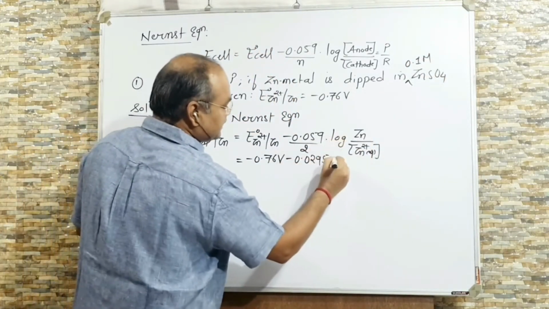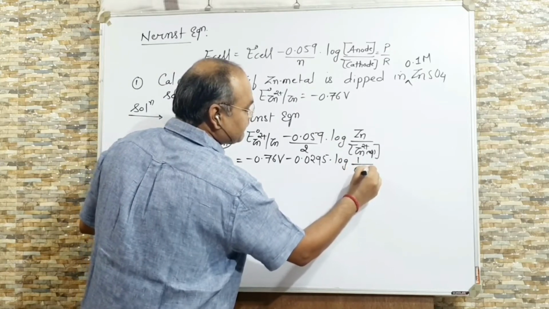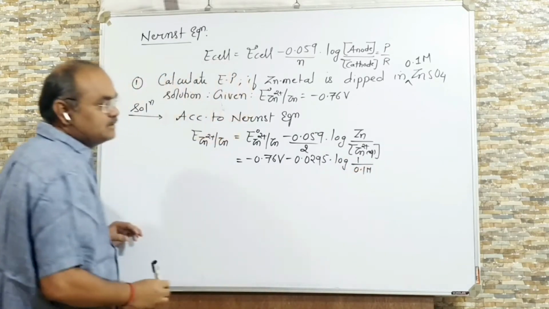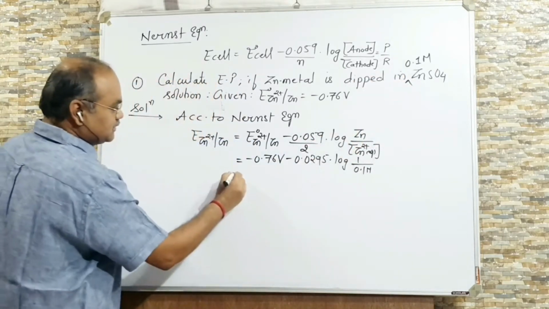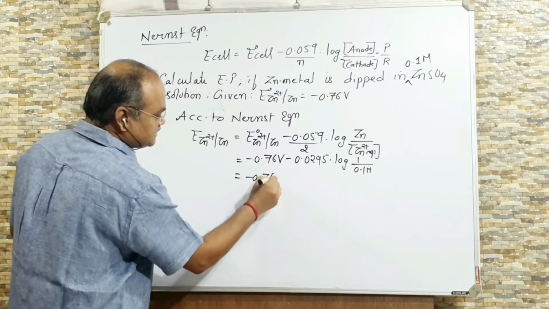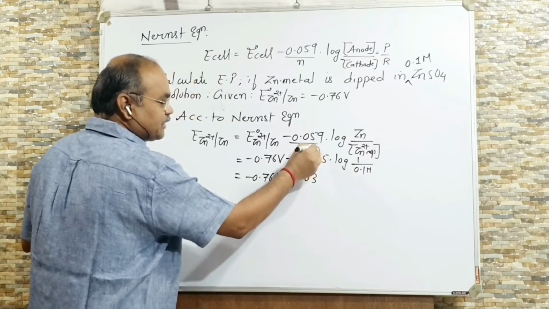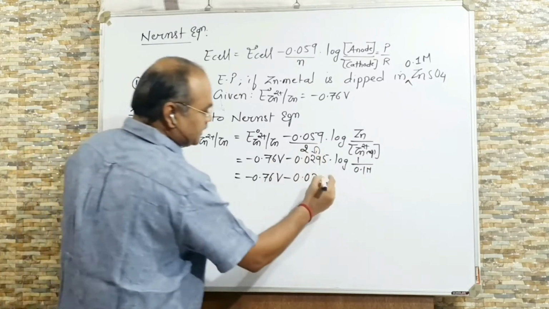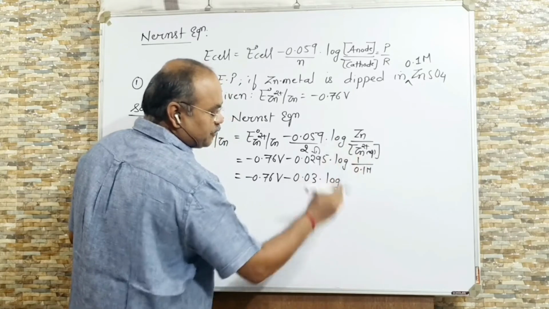So here you can write log of 1 upon 0.1 molar, right? Because concentration of ZnSO4 means Zn2+ is 0.1 molar. So this will be equal to minus 0.76 volt minus 0.03 approximately. If you carry on 1 you can write 0.03 and this will be log of 1 by 0.1.